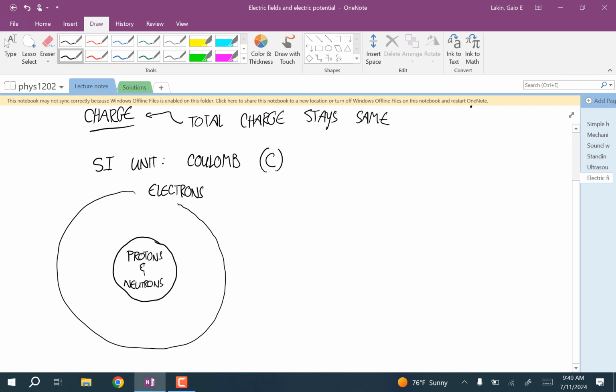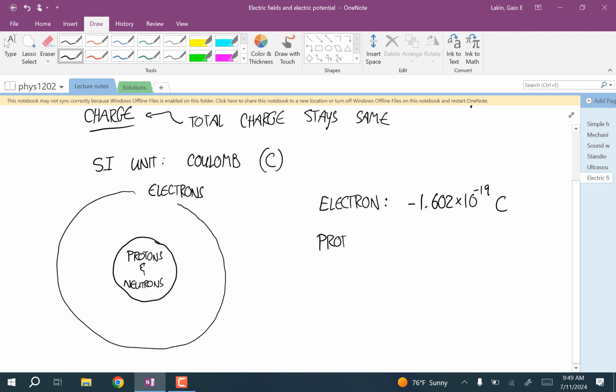So electrons are negative, protons are positive, but they have the same magnitude of charge. A single electron has a charge of negative 1.602 times 10 to the minus 19th coulombs.